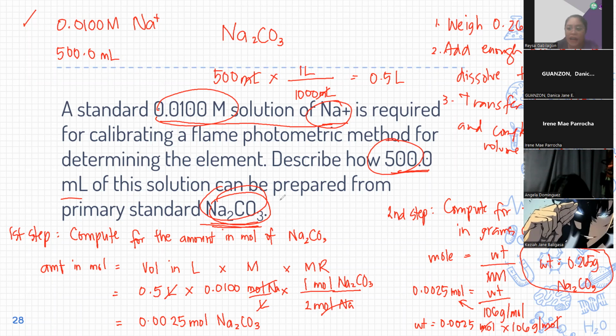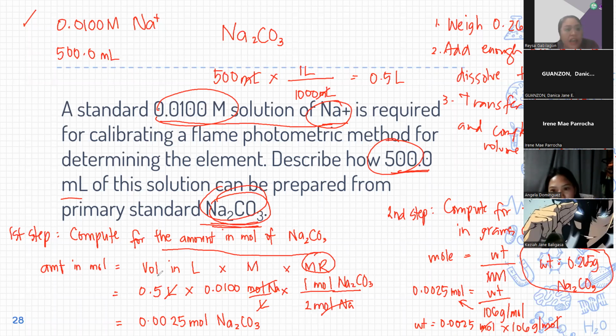So aside from computing the moles, and our simple computation of moles earlier, molarity is equal to moles per liter supposedly. This is the change in our computation. We have to consider the mole ratio. The mole ratio is just what was added here.